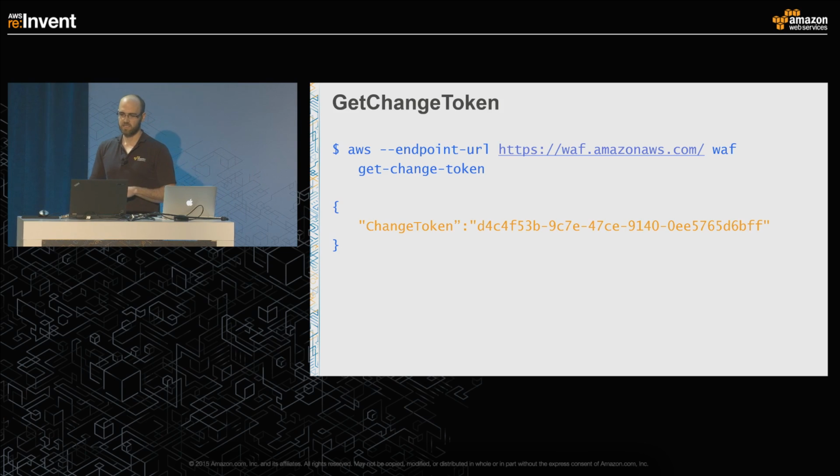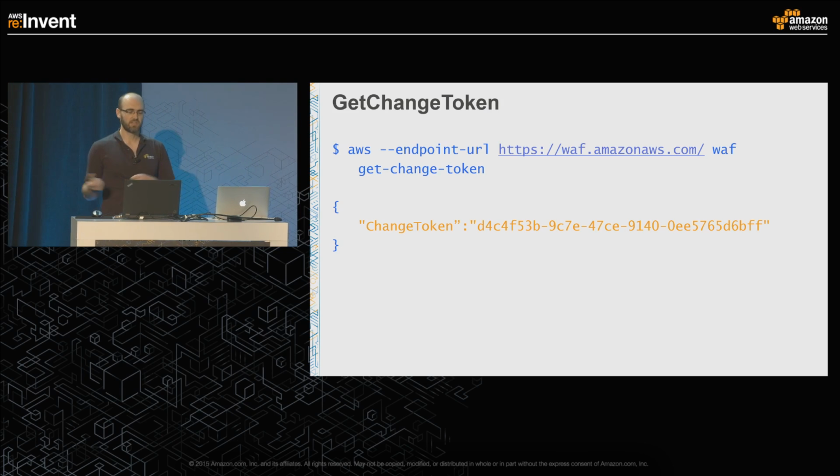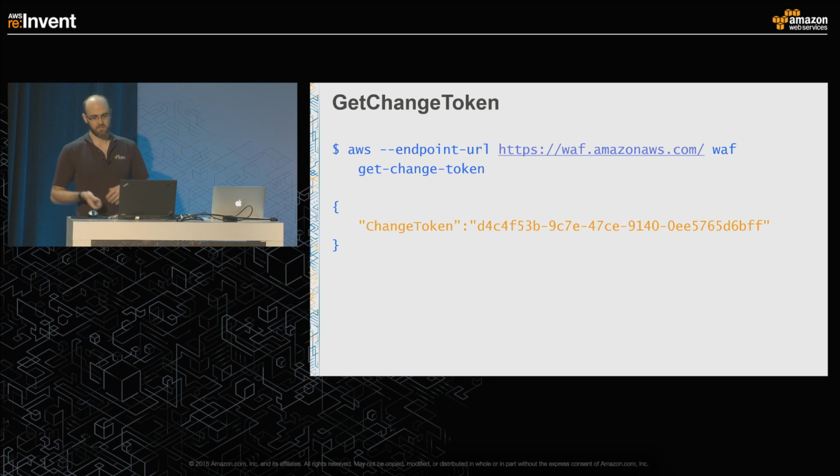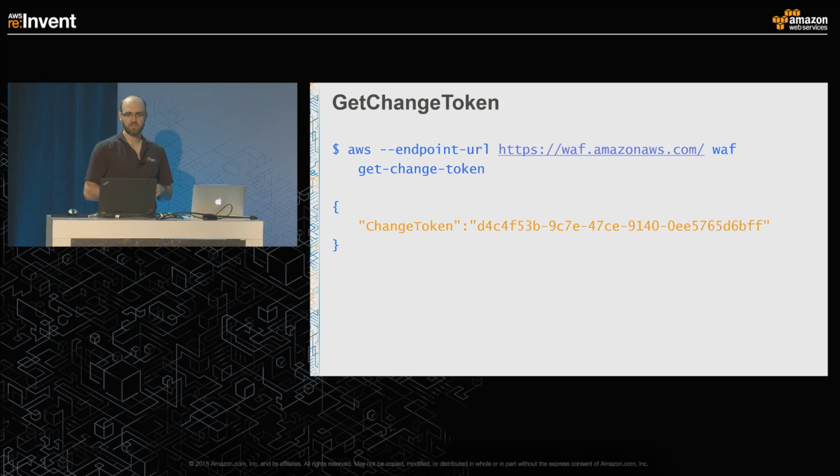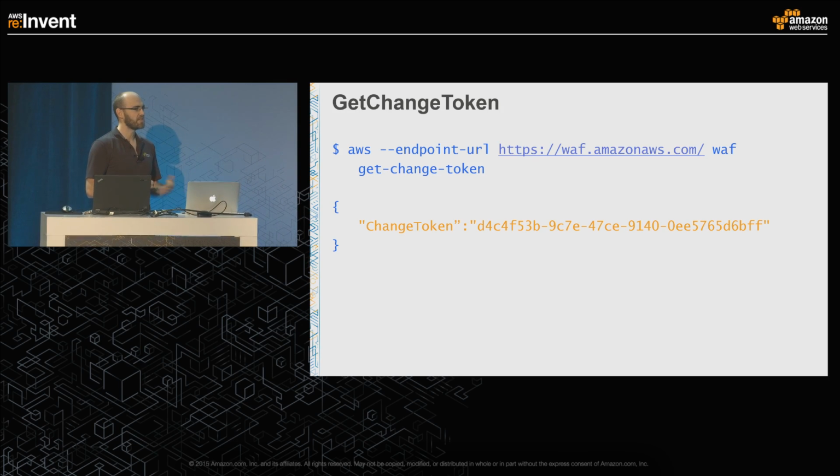So you'll need to make this get change token call. This change token is a way to prevent any kind of conflicts that result of concurrent changes coming in the front door, and is also the thing that you will use to find out the state of your change as it propagates to all the CloudFront Edge locations.